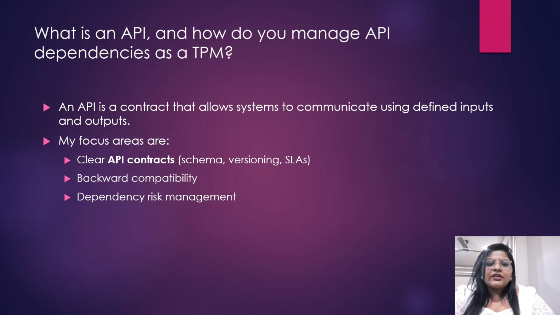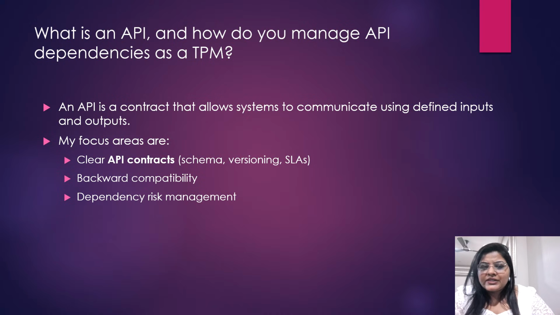So my focus areas are always that the API contracts are clear and frozen, because a change later in the cycle would definitely cause a lot of rework for the same development. Which schema, which versioning are we using? Is it version 1.2, 2.1, whatever it is? What is the SLA? If I'm connecting to an API, there has to be an SLA by which it has to respond back to me, right? And like the ACK, NACK, how are we going to get it?